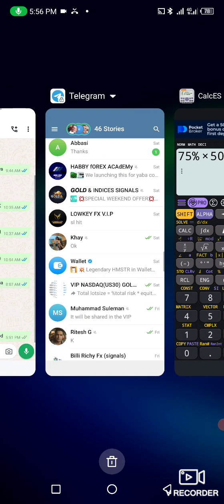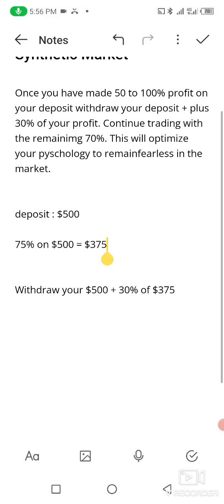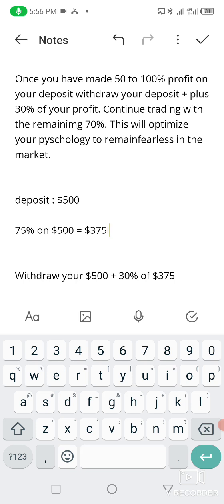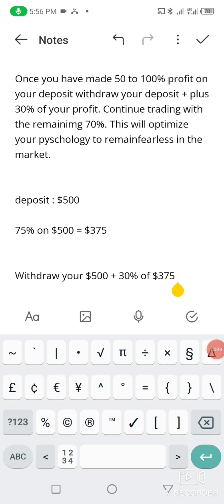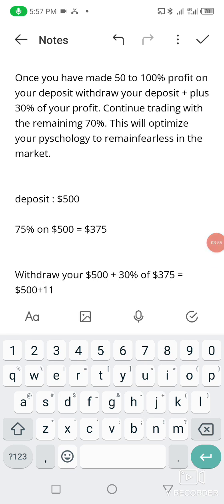Right now I'm doing the calculation. So we go back to the calculator, and then we replace this with 30%, and we work on this 375, and you see that we are going to withdraw $112.5. This is very, very crucial. So you are withdrawing a total of $500 plus $112.5.